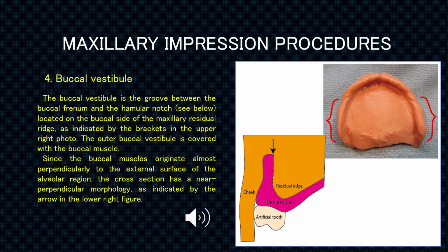The outer buccal vestibule is covered with the buccal muscle. Since the buccal muscles originate almost perpendicularly to the external surface of the alveolar region, the cross-section has a near-perpendicular morphology, as indicated by the arrow in the lower right figure.